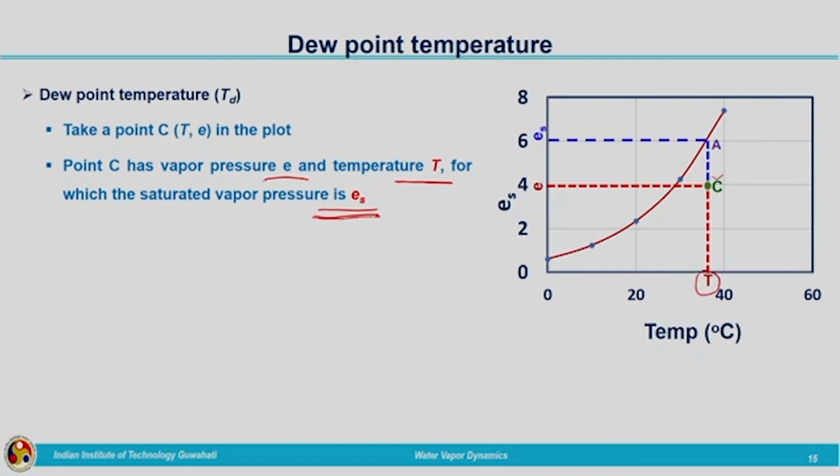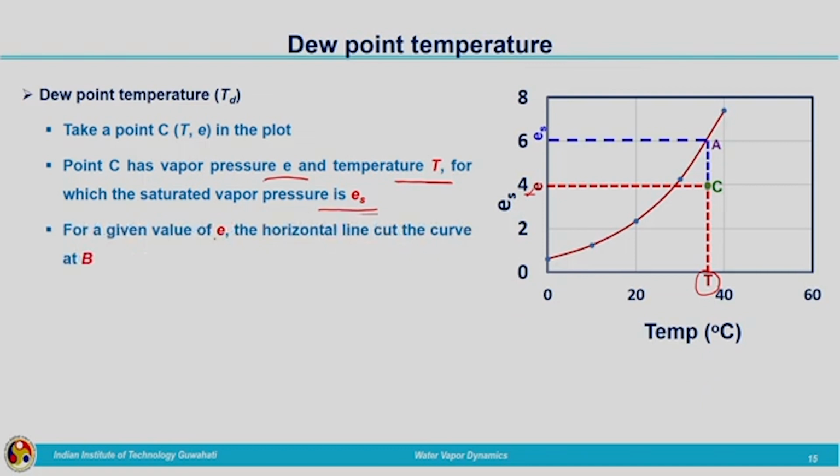So initially we considered a point C, which had a temperature T and corresponding vapor pressure E. But corresponding to temperature T, the saturation vapor pressure is obtained by extending the line towards another point A, and the ordinate corresponding to that is taken. That will be the saturation vapor pressure corresponding to the temperature T.